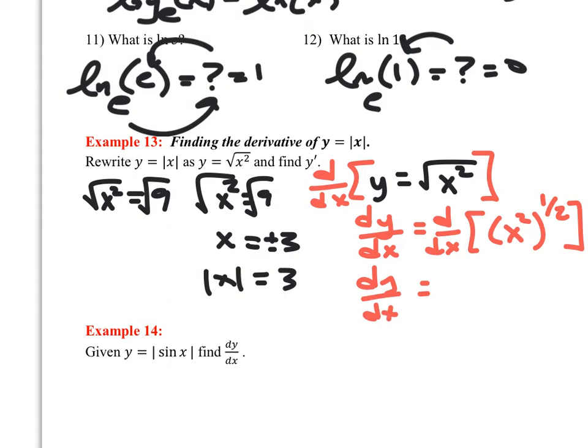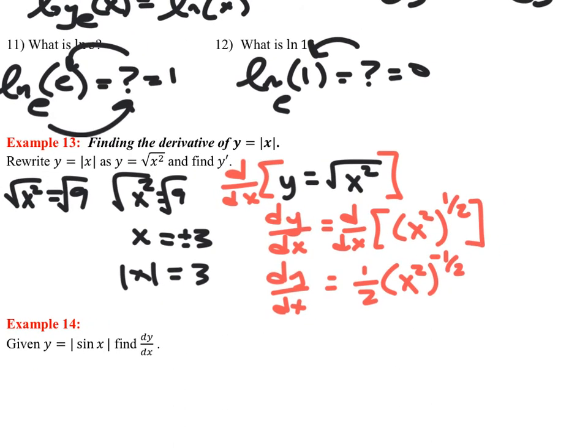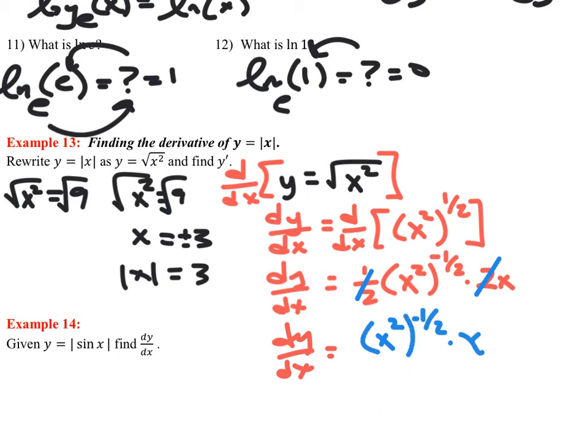is take the derivative of the outside, so chain rule, and then the derivative of the inside now, and we're going to go ahead and simplify. So the 2 and the 1/2 cancel. So I get x squared to the negative 1/2 times x.